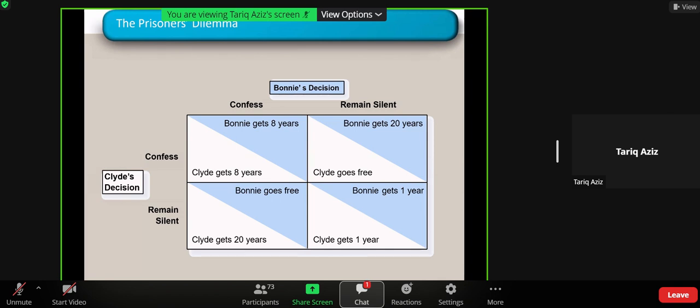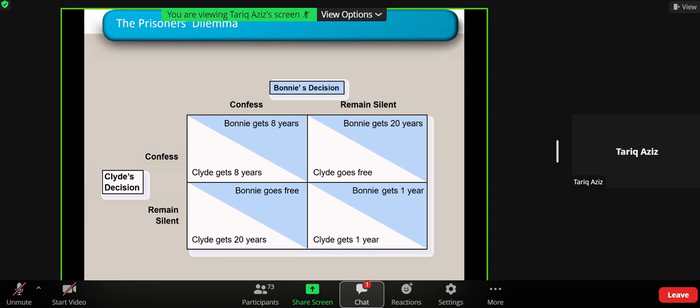Now put yourself in this situation. Assume that you and your friend have been arrested and the police officer has given you this option. In the original example, the communication between the prisoners was also not allowed, but that is not a major assumption.